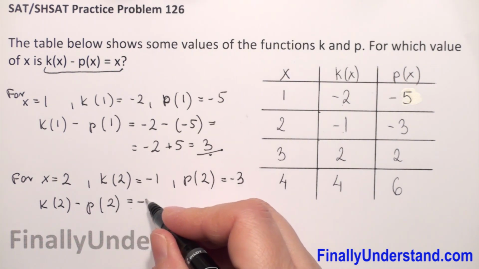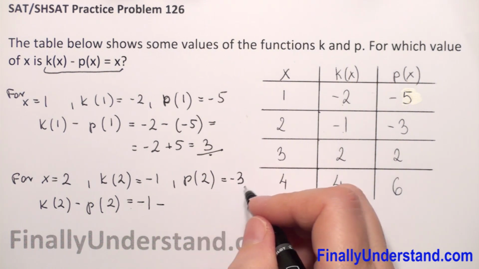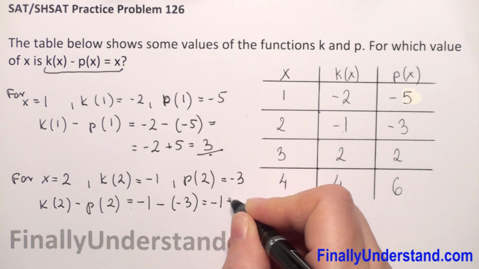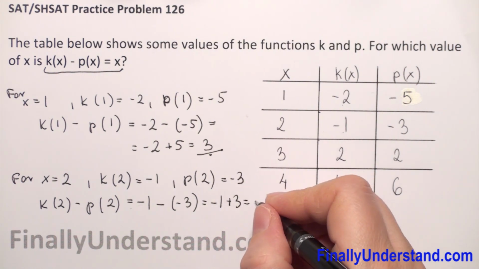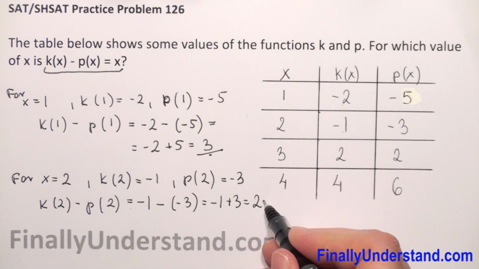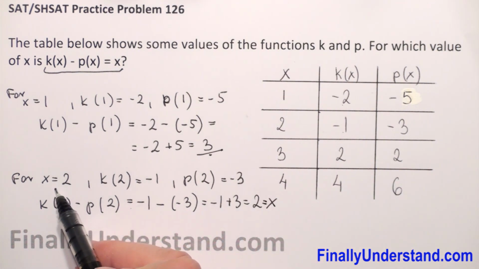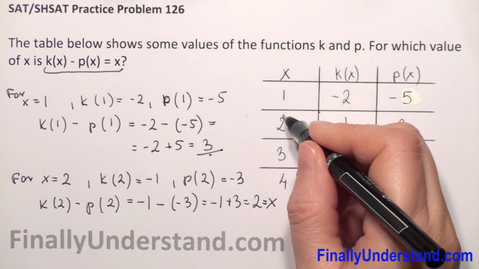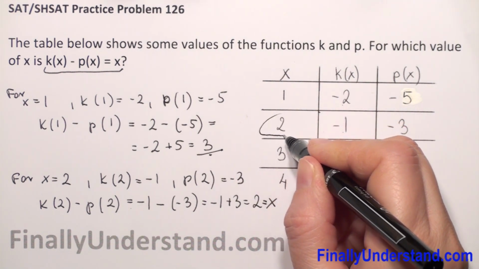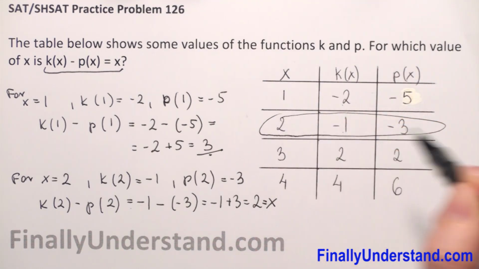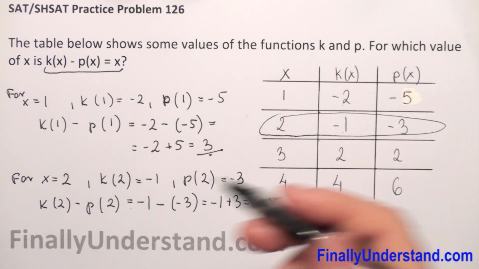K of 2 is negative 1 minus p of 2, which is negative 3, so this is equal to negative 1 plus 3, so this is equal to 2. And we have that this is equal to our x. X was 2. So we see that for x equals 2, k of x minus p of x is equal to x.